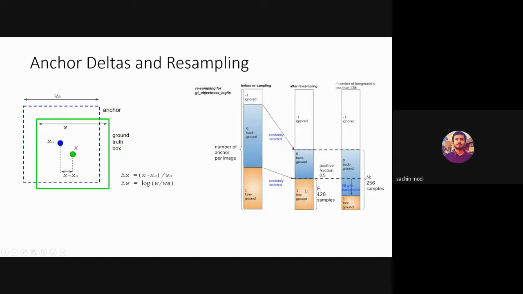I usually keep a fraction of 50%, and in total these boxes are 256. This is a parameter which I pass during the training. So in total there are 256 boxes, and if say the number of foreground boxes is less than 128, then I increase the background boxes.